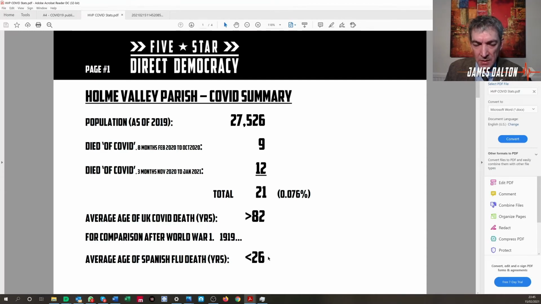It was clearly a fundamentally different and much more significant disease that struck the world in 1919. Really isn't comparable to the current health pathogen COVID-19.